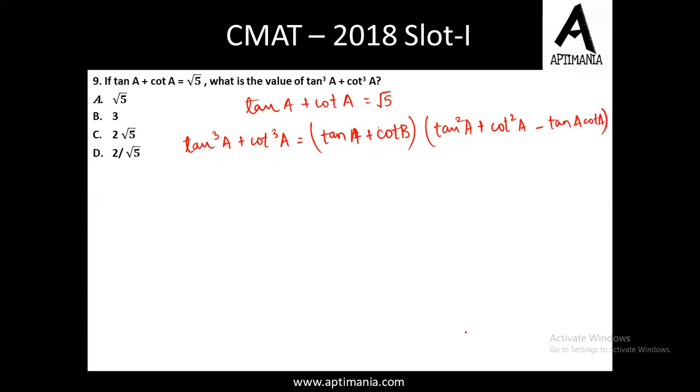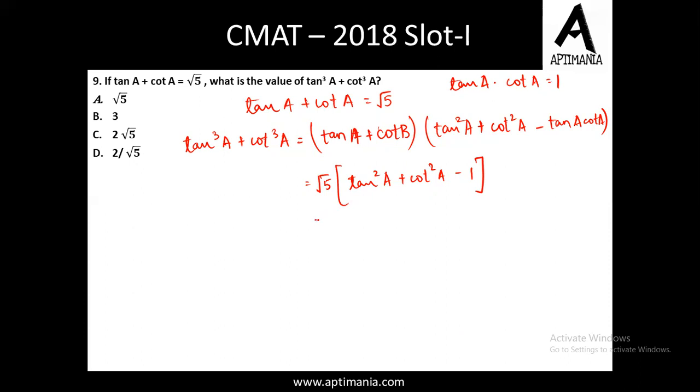We need to have a basic idea about the property that tan a into cot a is equal to 1, right? So putting the value, as we know tan a plus cot a equals root 5, we can put the value as root 5, and this will be tan square a plus cot square a minus 1, since tan into cot a is equal to 1.